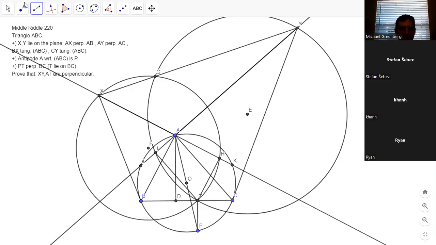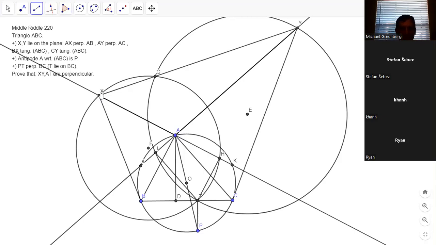So are X, I, and T collinear? It looks like it. Wait. Yeah.